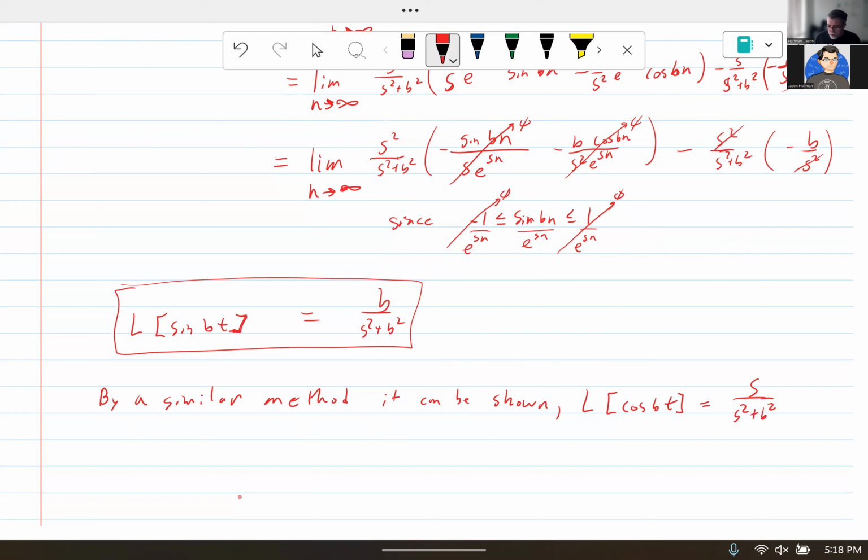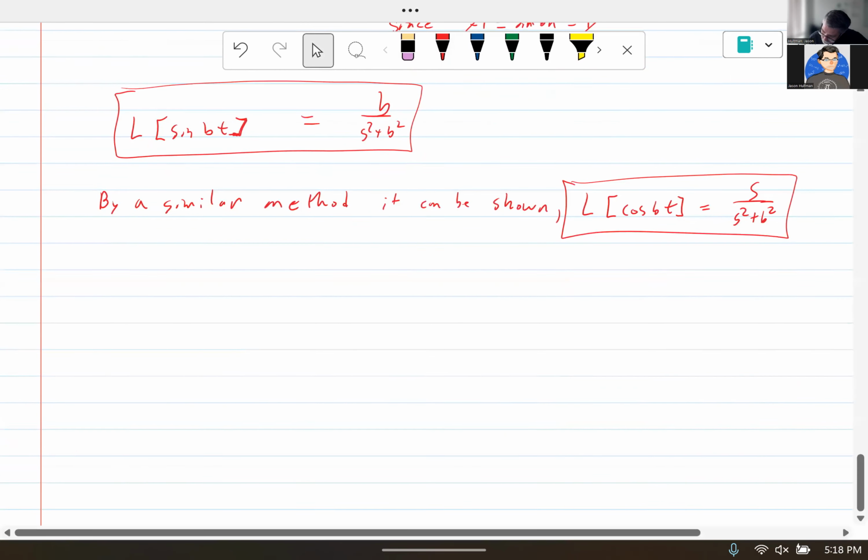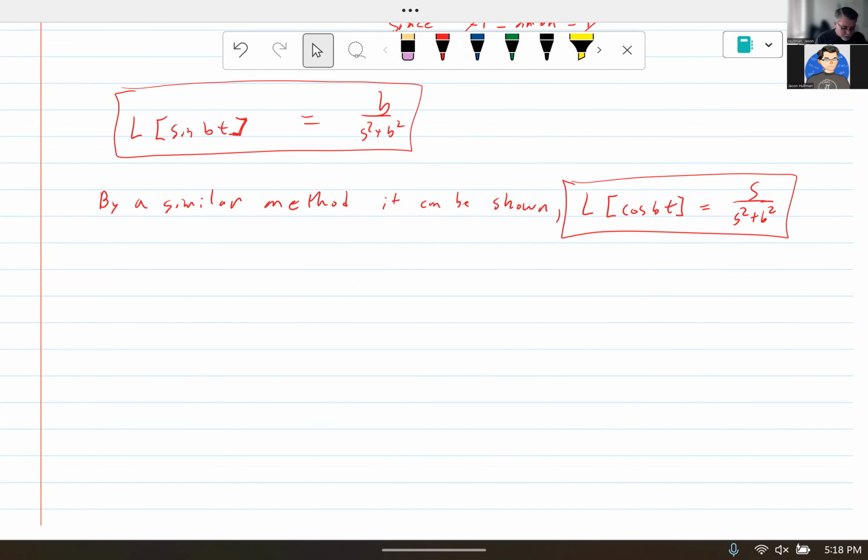So sine has the b on top, and cosine has the s on top. Cool. So we've shown Laplace transforms for powers, constants, exponents, and trigonometric functions. That's good.